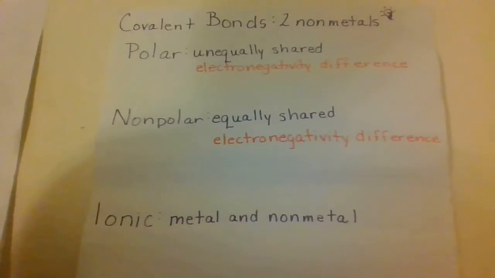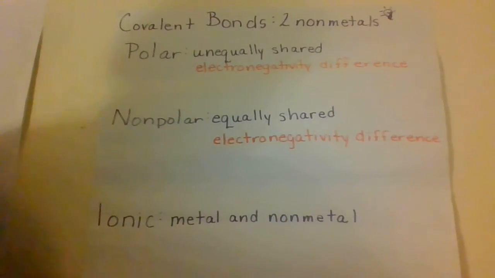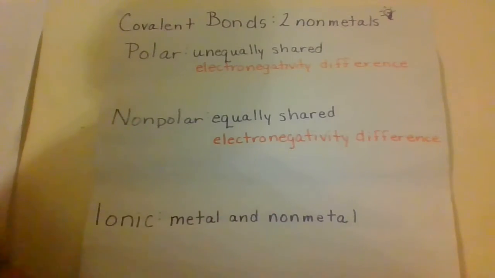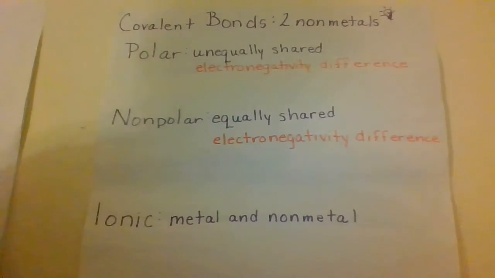We are going to now take a look at covalent and ionic bonds to determine if they are polar or nonpolar. One of the things that we can make mention of first, and go ahead and get that out of the way, is that we know it is going to be an ionic bond if it contains a metal and a nonmetal. But as you see here, we talk about electronegativity and the differences between polar and nonpolar.